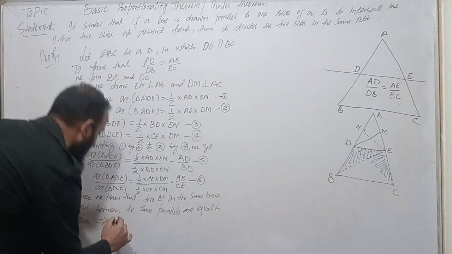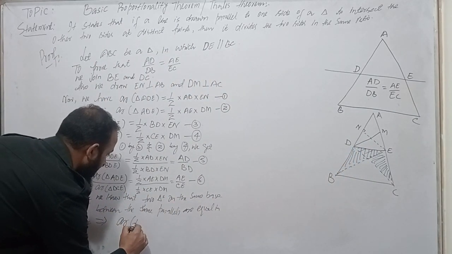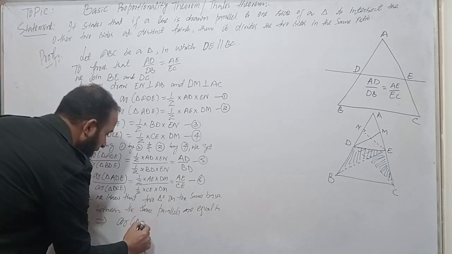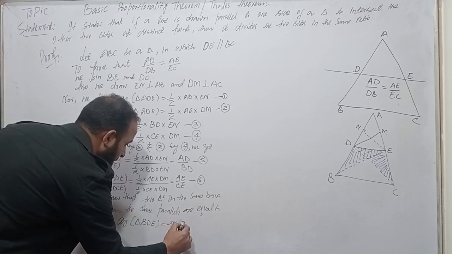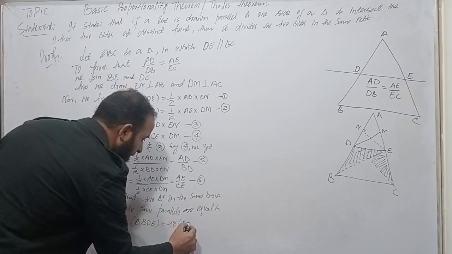It implies that area of triangle BDE is equal to area of triangle DCE.